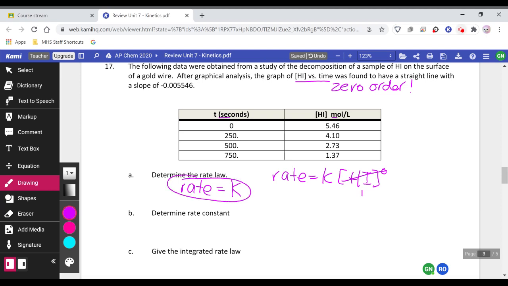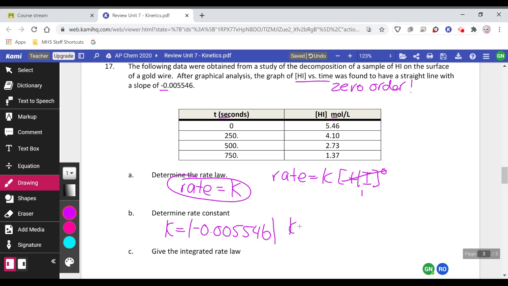Okay, to determine the rate constant, we would just take the slope of that straight line and find the absolute value. Okay, so K is equal to the absolute value of negative 0.005546.